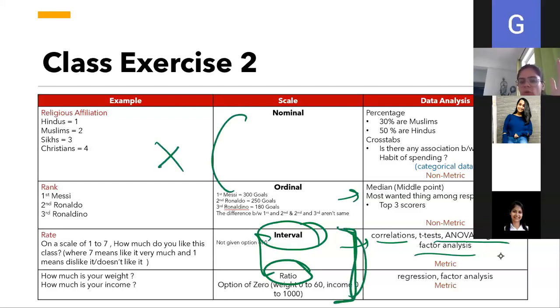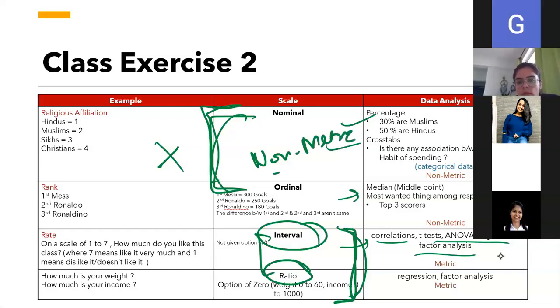From this data you can do percentage, crosstabs, median, ये सब तुम निकाल सकते हो. And it is also called non-metric data. Whatever data you get from nominal and ordinal is non-metric data. But whatever data you get from interval or ratio is metric data.